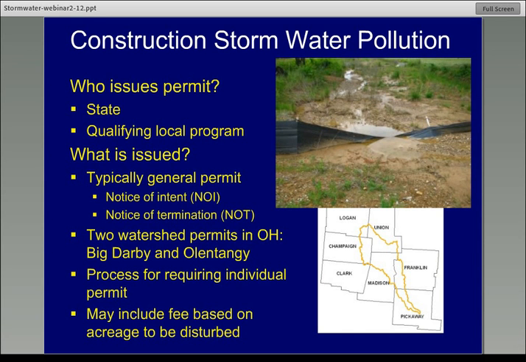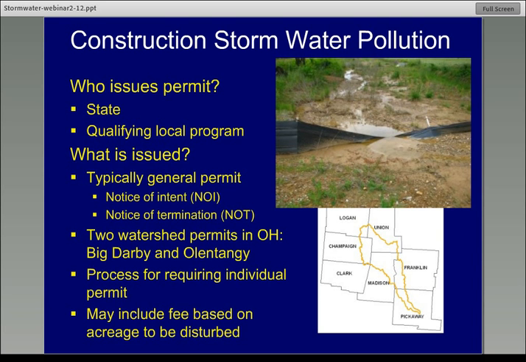I'm sure that we can all come up with lots of different types of construction sites that may not really belong under the same permit. So that is something really to point out, and in cases where you feel a construction site is worthy of a lot more attention, that's the case where I would encourage you to petition for an individual permit for that entity.